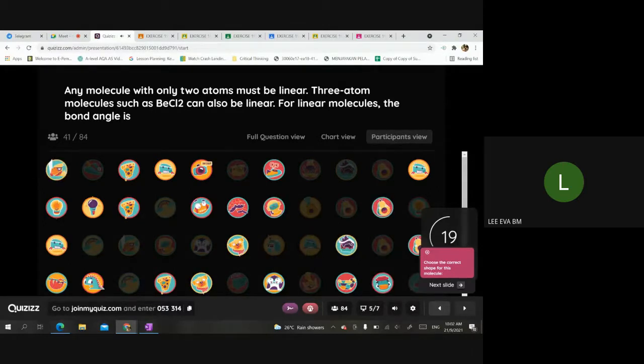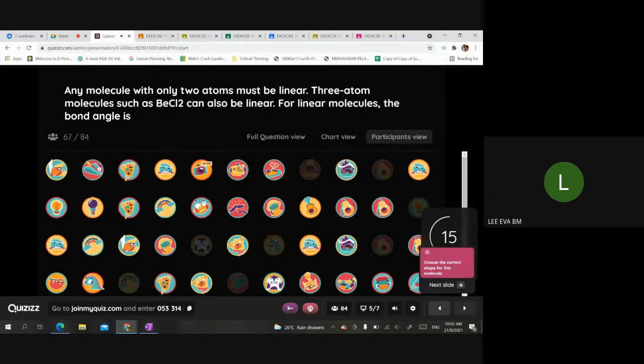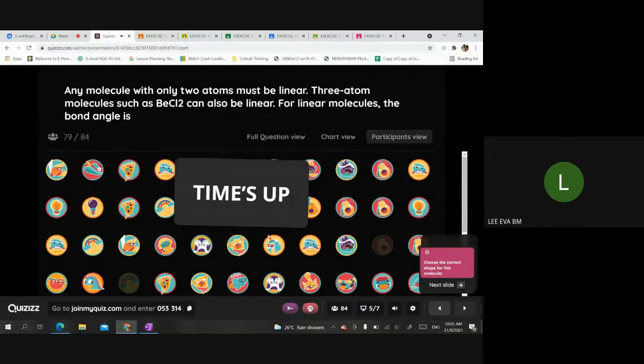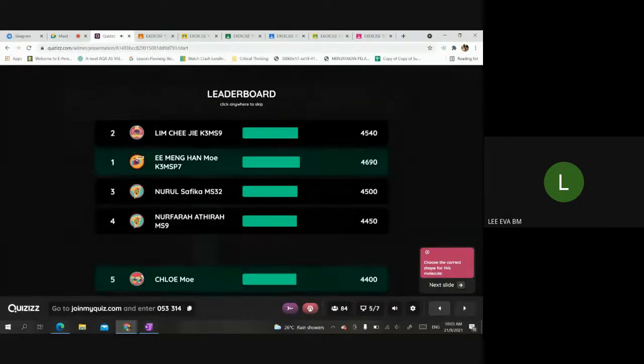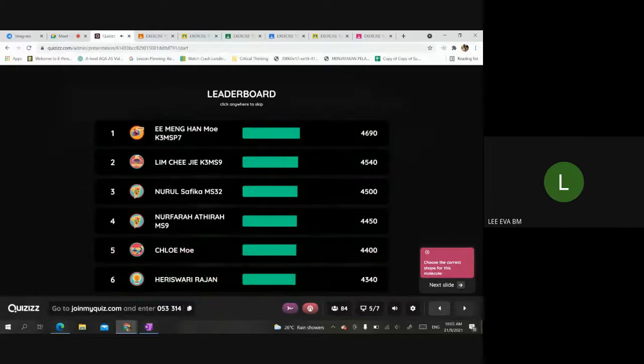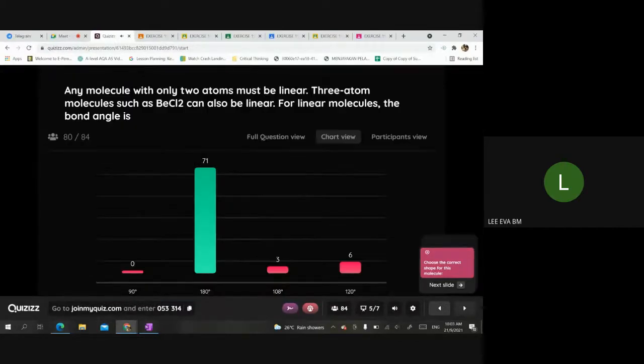Linear molecule bond angle sangat senang. Okay, and 71 of you got it correct.